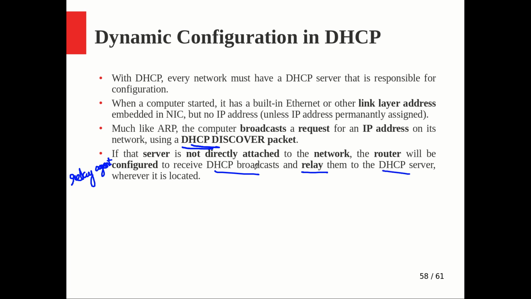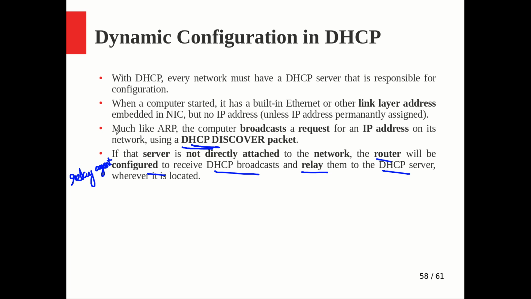This is something we saw as relay agent in bootp when we explained bootp. But here also same thing, you can configure any machine as a relay agent, but if you configure a router itself as a relay agent, that is something better, because other than the routing functionality, it can take care of this also. We are dedicating a very good functioning device as a router, right?